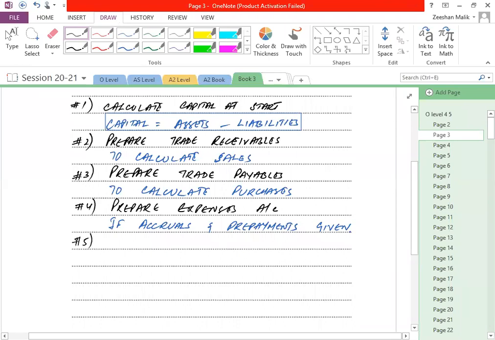Step number 5, you can prepare income statement and a statement of financial position.